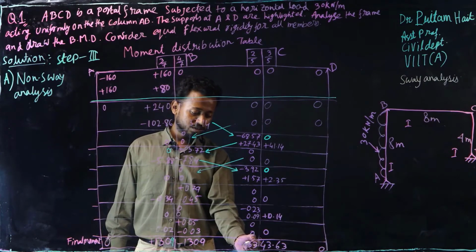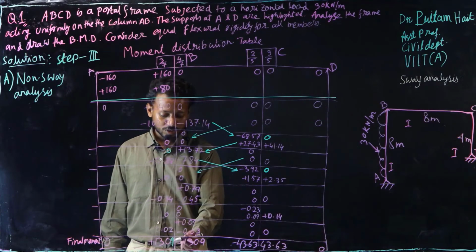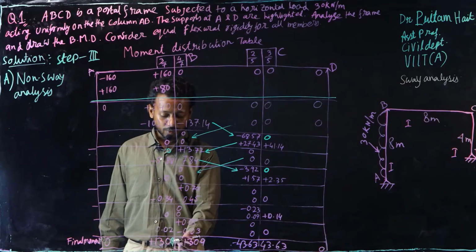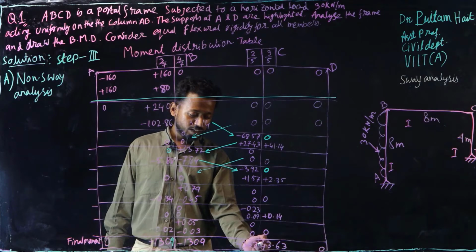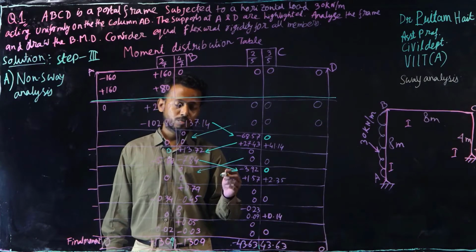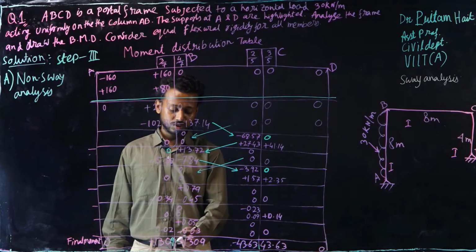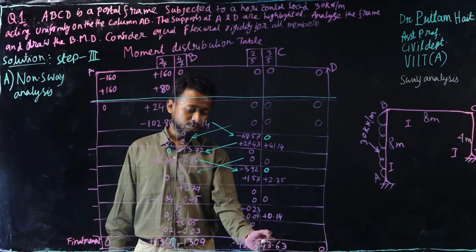Here I have got minus 43.63 plus 46.63, and this is 0. So you cross check whether you are getting equal and opposite moment at this joint. Here also equal and opposite moment at a joint, then your answer is okay. So in this way you can cross check. The summation of these two moments will be 0. The summation of these two moments will be 0.